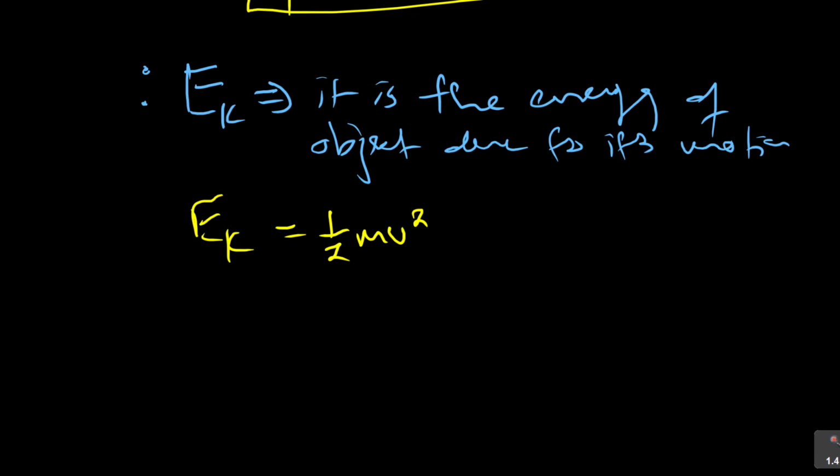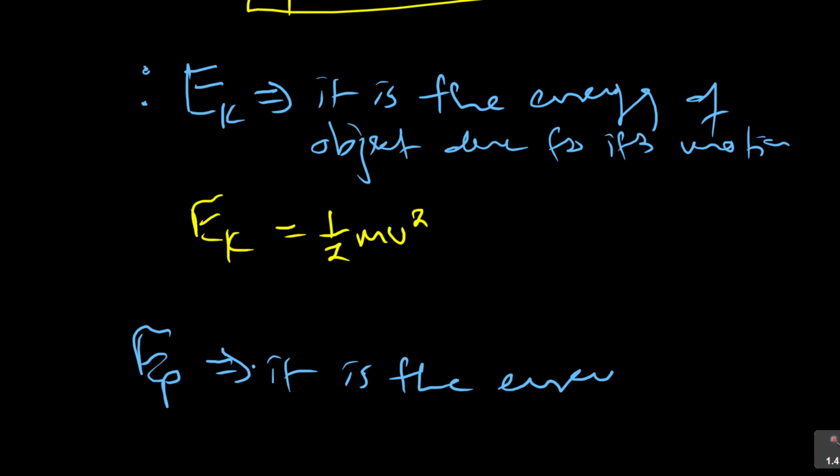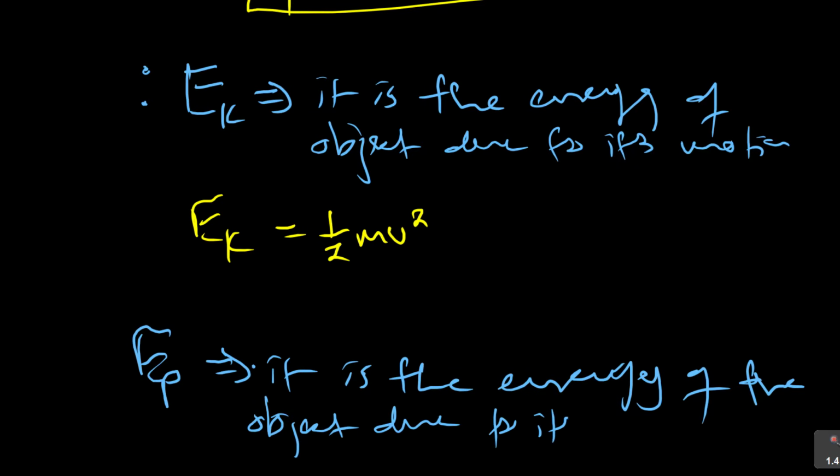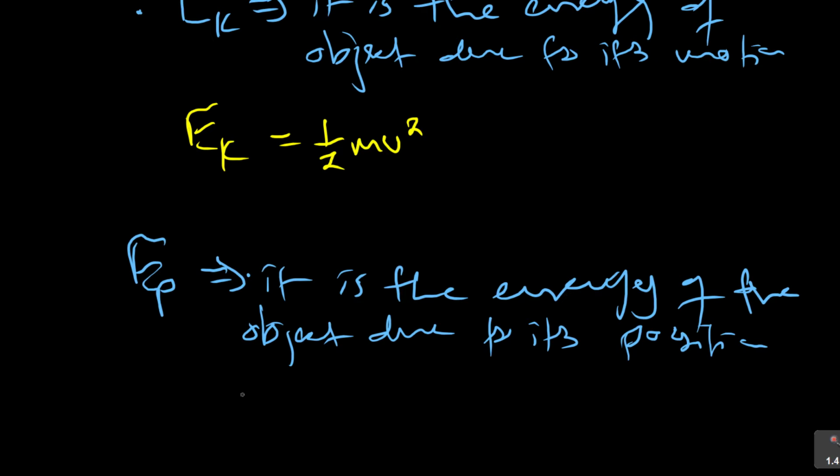And then I would say lastly, the definition is potential energy, which is EP. And then again here, it is the energy of the object due to its position above the ground or above the earth. The energy of the object due to its position above the ground.